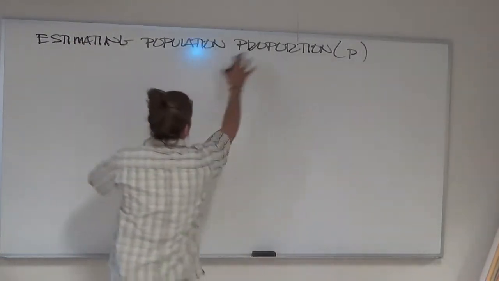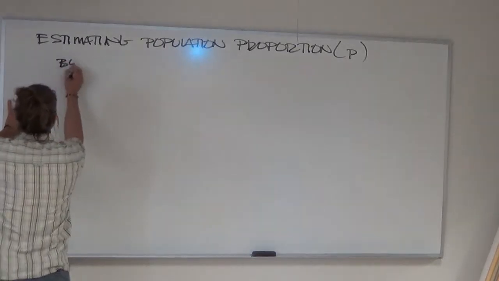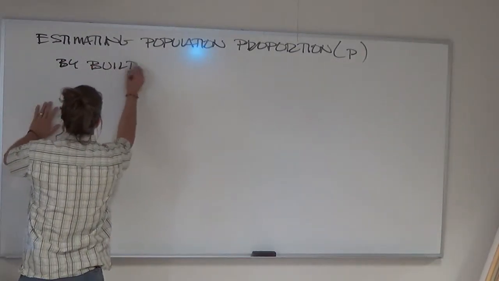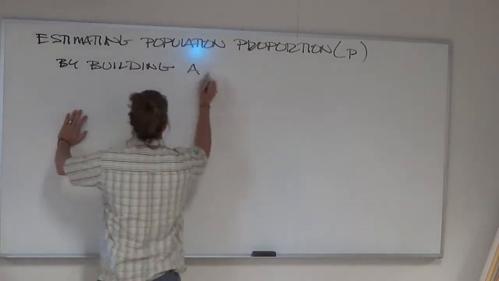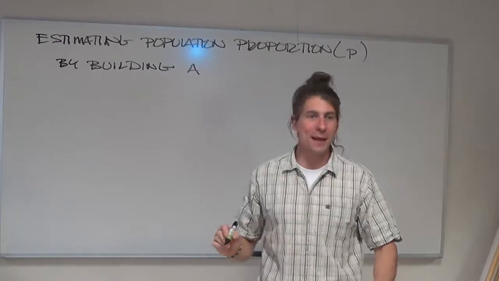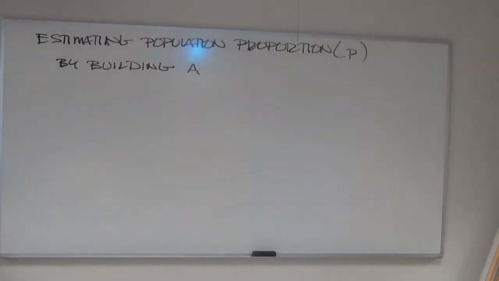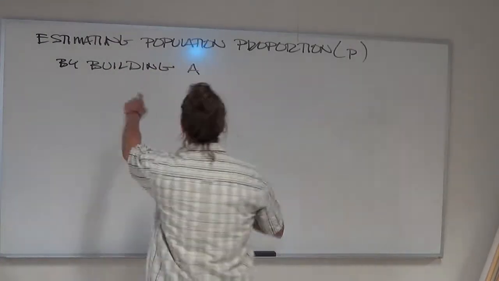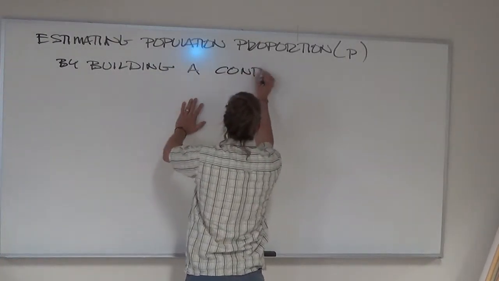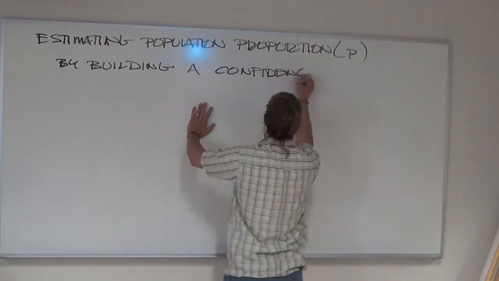So we're estimating a population proportion by building a what? What did we build around that sample proportion? Good. Using a margin of error, we build a confidence interval.